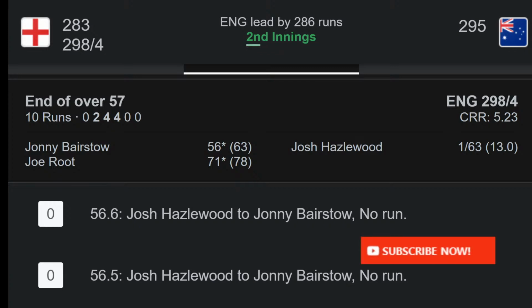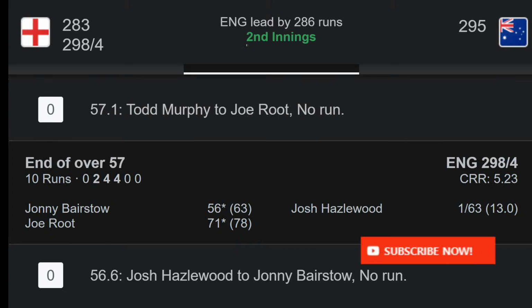England versus Australia, fifth test. The Ashes series, Australia led by 2-1 in the series. It's a competitive match in the third and fourth test.